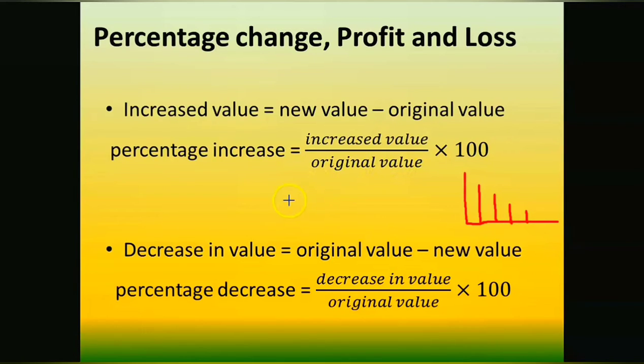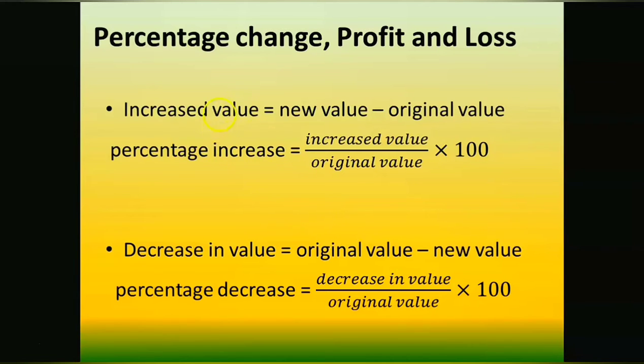Similarly, for the decrease, it is original value minus the new value. For increase it is new value minus the original one, because it has increased, so the new value will be greater than the original one. In this case, it has decreased, so the original value is greater than the new value. So it is original minus new, that is decrease in value, divided by the original value into 100.